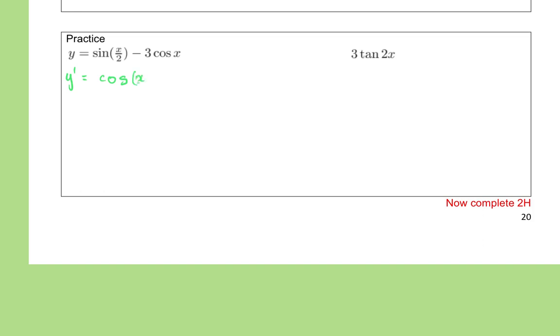So derivative of sine is cos x on 2 times by the derivative of that function, which is half, plus 3 sine of x. That's pretty much done. Just tidy up the half.